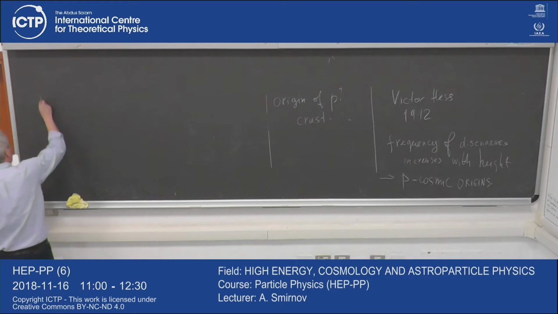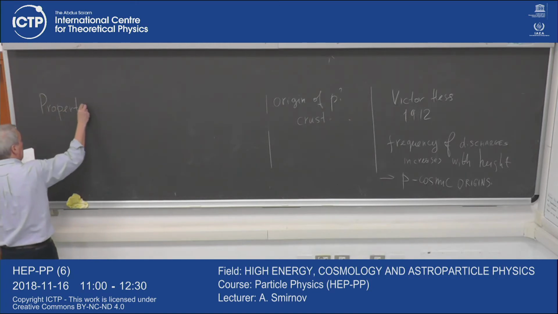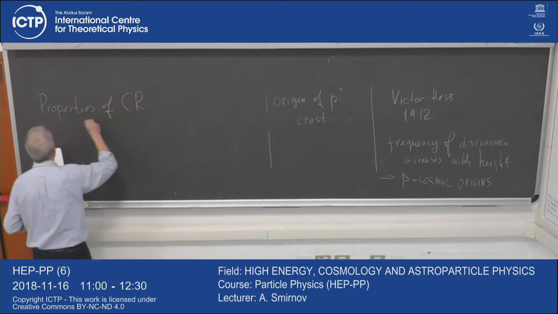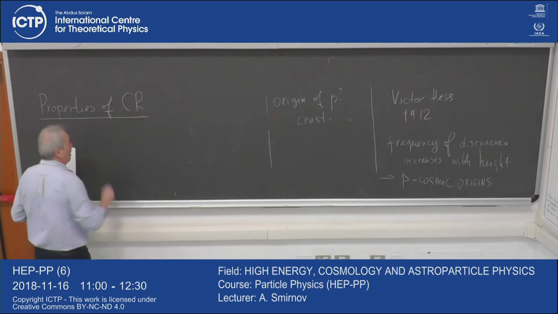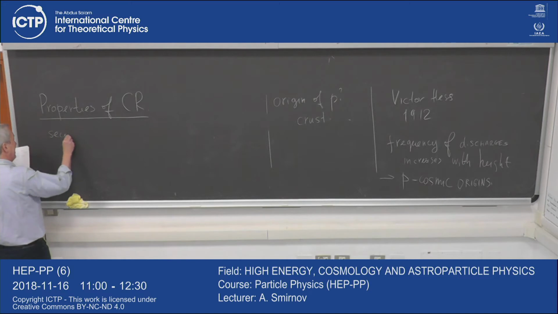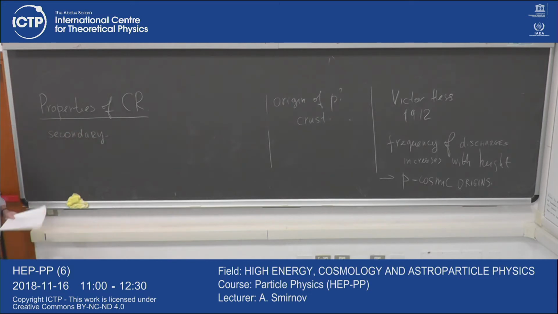So, properties of cosmic rays. Actually, what we observe at the surface of the Earth are not primary cosmic rays, but secondary cosmic rays, produced by primary ones, which interact with the atmosphere.